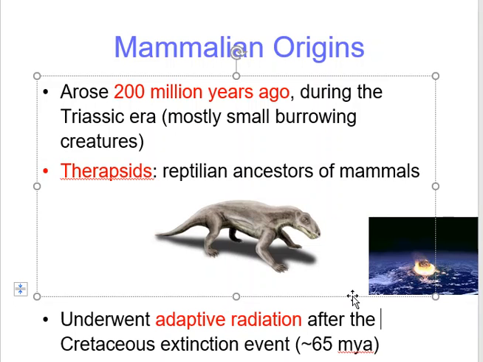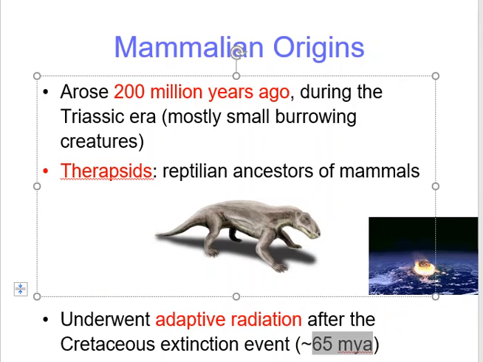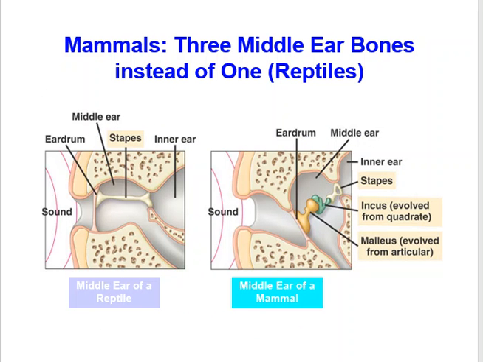The reason why it took so long to undergo an adaptive radiation, an explosion of species, is that until the big reptiles went extinct, mammals had to hide. They couldn't even come out in the sunlight. In fact, mammals were initially nocturnal little creatures. They were subject to a lot of predation by big reptiles. But as you know, big reptiles went extinct in a mass extinction event about 65 million years ago, and only after that did mammals undergo adaptive radiation.